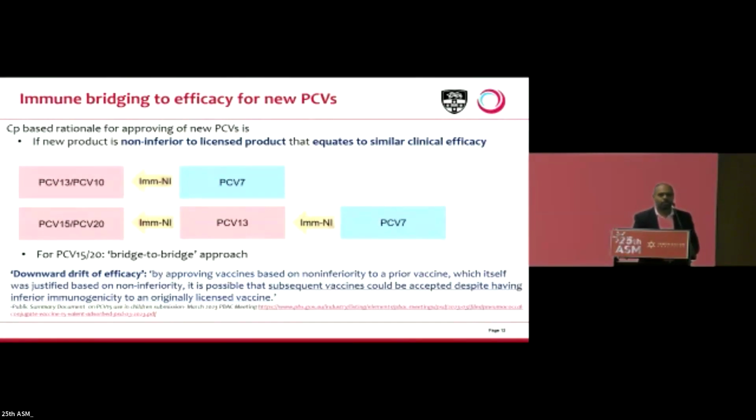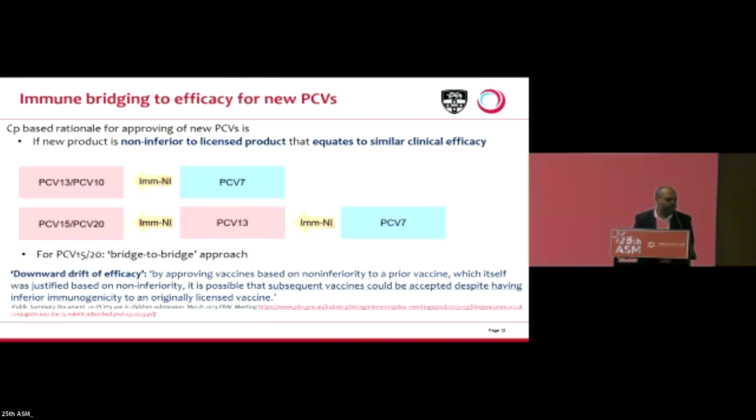So this correlate of protection based approval of new PCVs is based on non-inferiority to the licensed product, and we assume that if this is non-inferior immunologically, that would equate to similar clinical efficacy. So PCV 13 and 10 were assessed against PCV 7 based on non-inferiority.